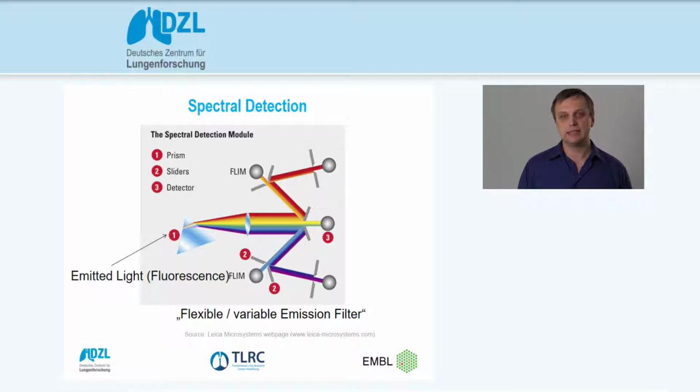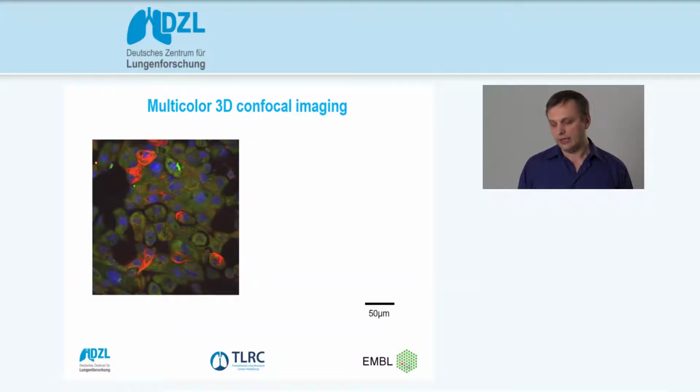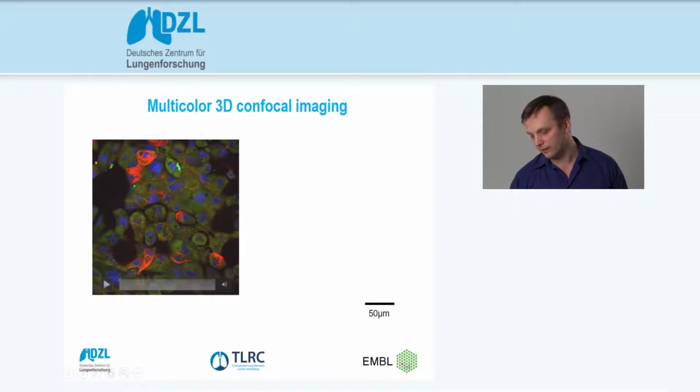In this case, different detectors can be placed in different spatial positions to capture these different photons, and by that recording signal simultaneously or quasi-simultaneously in multiple spectral channels. As a result, we can acquire 3D stacks in multiple fluorescent channels by moving our sample relative to the objective and acquiring with multiple detectors, as presented in this movie.